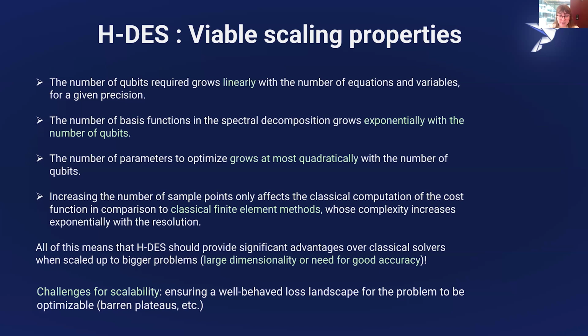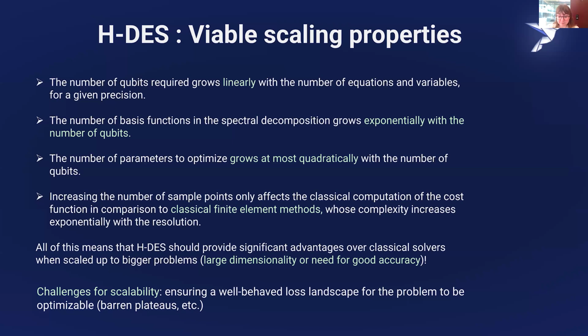Fourthly, and this one I think is really important to understand, because of our use of a spectral method, with classical simulation methods, they're usually performed on a grid. And if you increase the resolution of that grid, the computation becomes much, much more difficult and more lengthy. In this case, with HDES, increasing the number of sample points effectively has only a negligible effect on the computational cost of the algorithm.